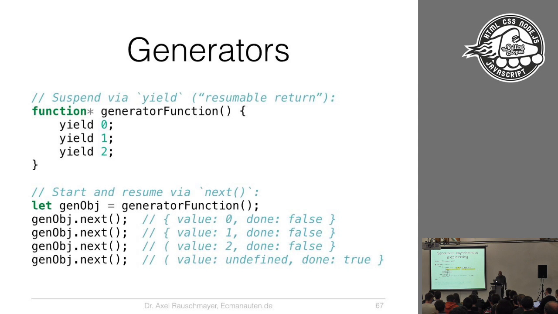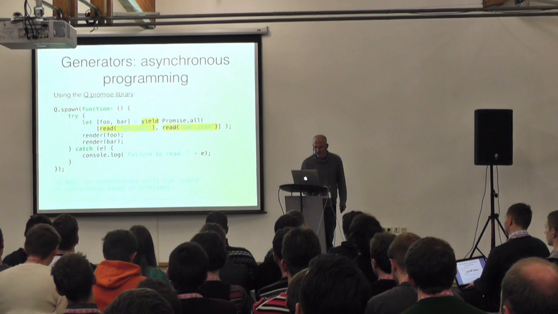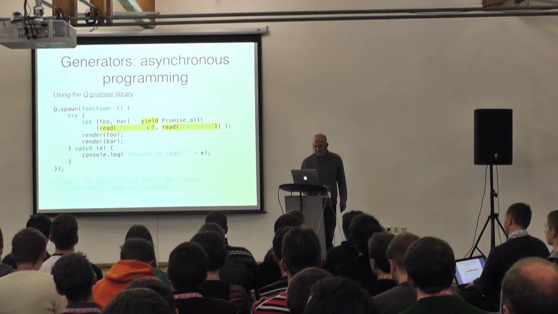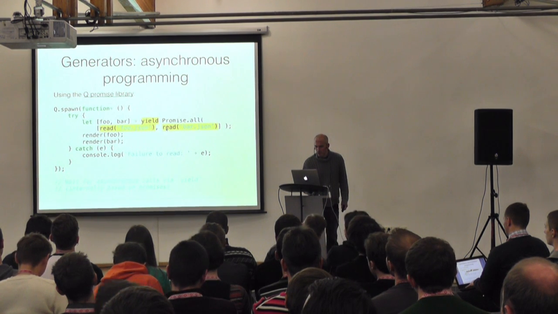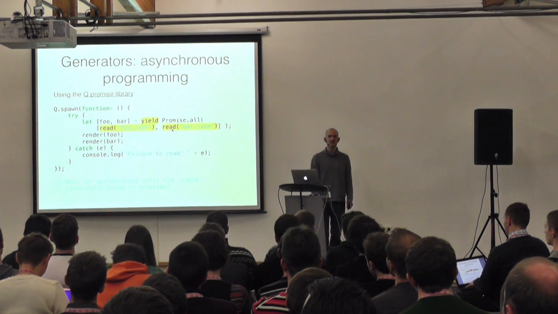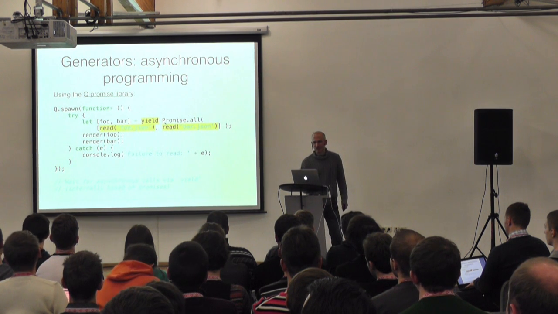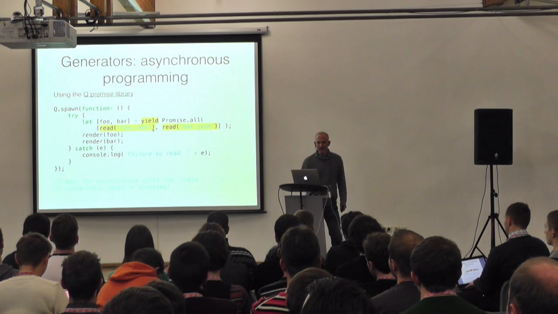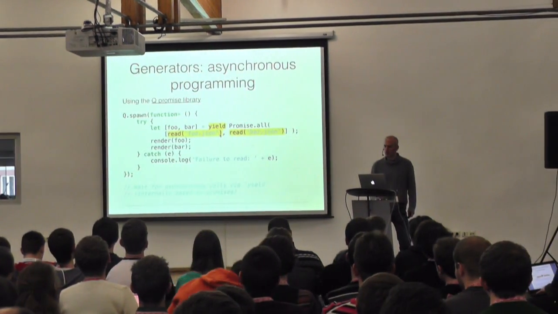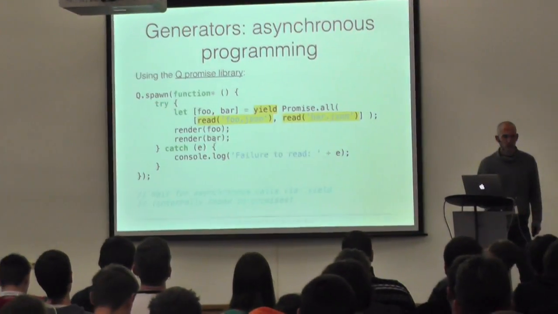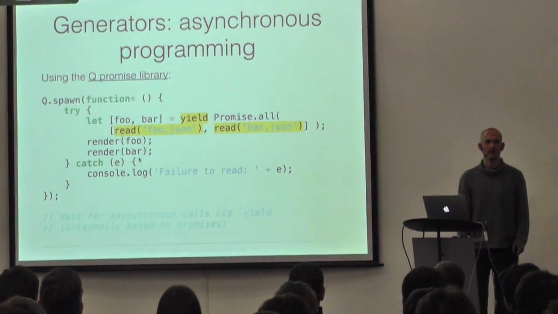And you can even catch an exception if something happens here or here. This is quite amazing because this is asynchronous code written in a synchronous style. And because you can pause and wake up the function once the results are available, that's why generators are great for this application.